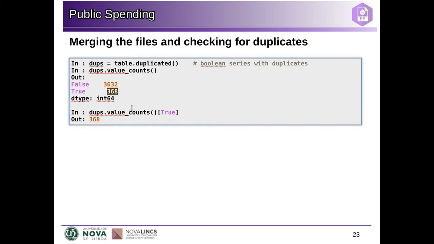Another way of doing this would be to get the value counts series and then ask for the entry corresponding to true, so this one here, and this would tell us how many are duplicated. So table.duplicated gives us a series indicating all the rows that are duplicated with a true value, and value counts allows us to quickly count how many they are.